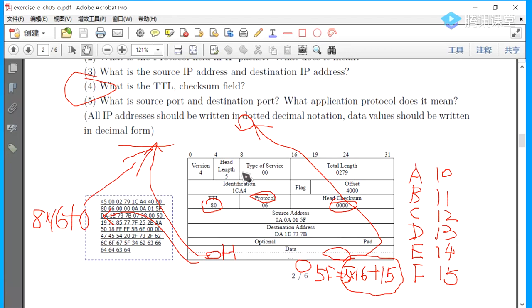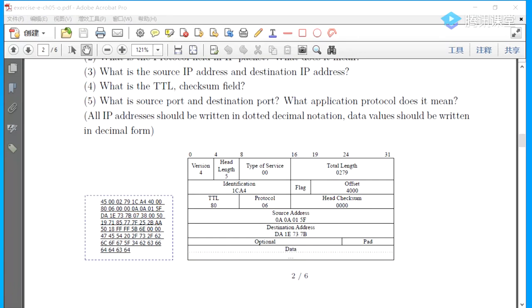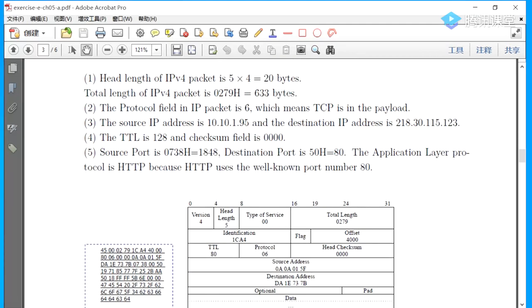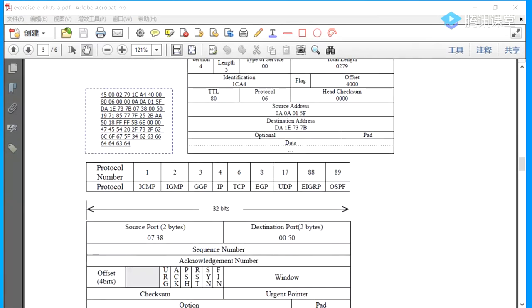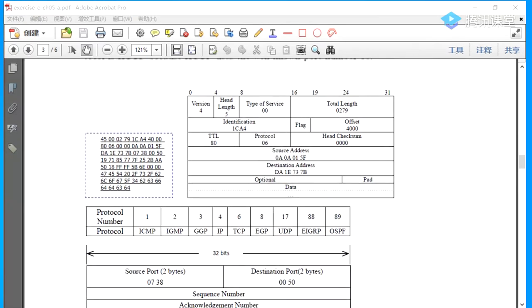What is the source port and destination port? What application protocol does it mean? Okay, we look at the answer. Here we filled 5 here, right? That means the head length is 5 times 4 equals 20 bytes.